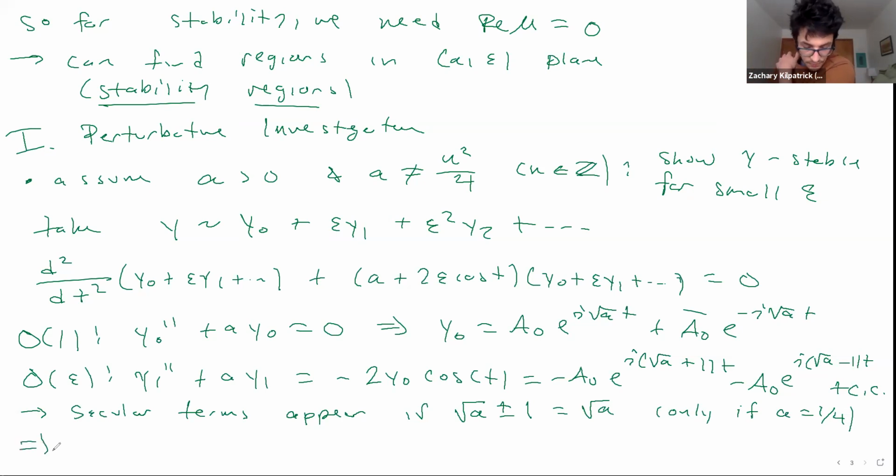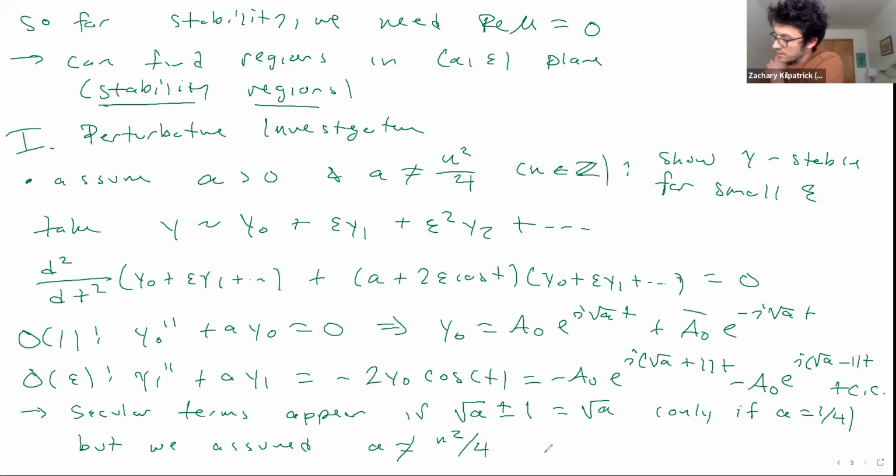And as a result, we can get y1. Let me just say in text that we excluded these, we assumed a is not equal to n squared over 4.